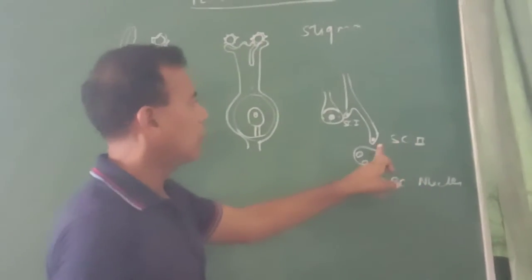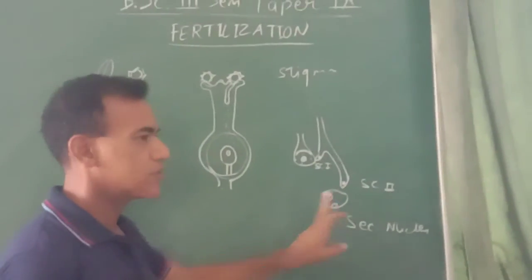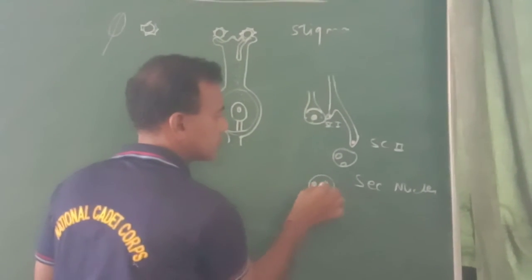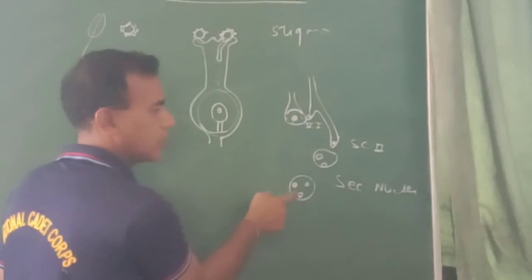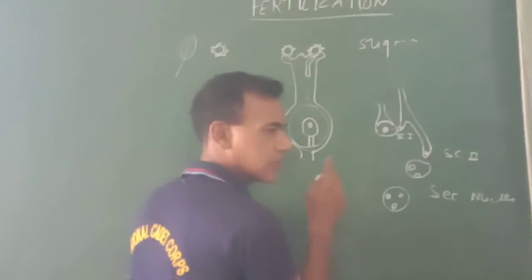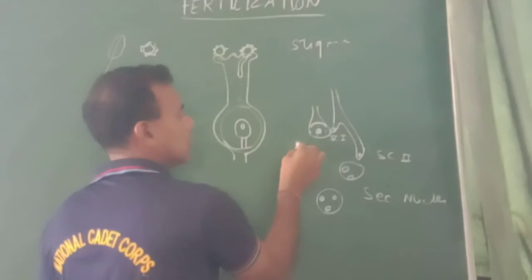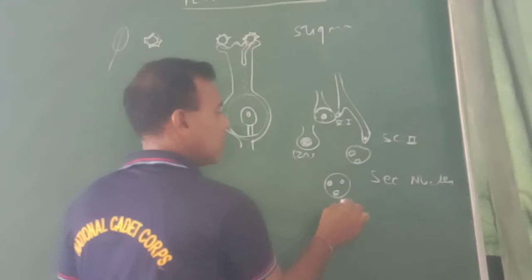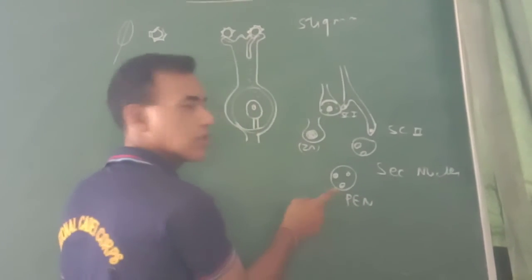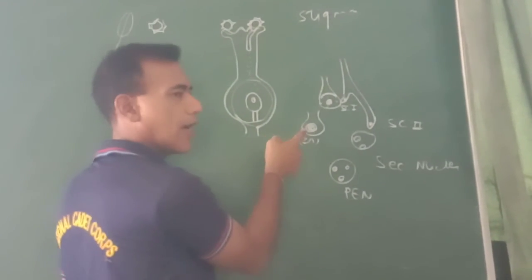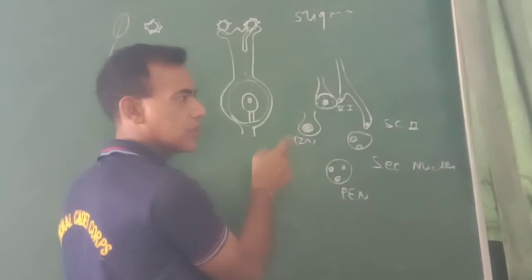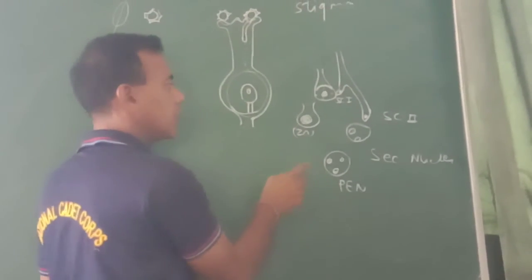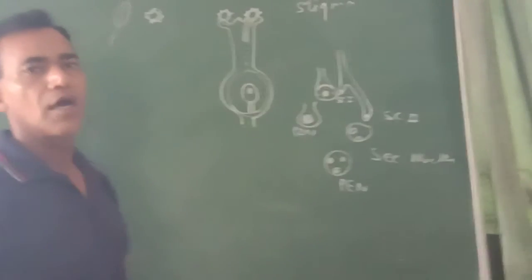Firstly, there is fusion of this nucleus with these nuclei, making it a triploid tissue like this. Here, two nuclei are maternal in origin and this one is paternal. And here, the diploid zygote is formed. The endosperm formation is always prior to the embryo formation or zygote formation, because this cell has to divide and provide nutrition to this developing embryo.